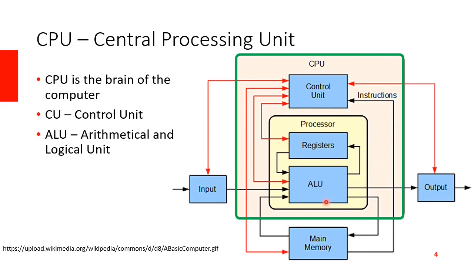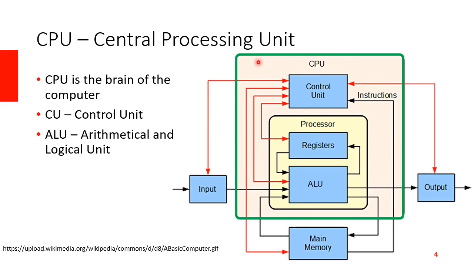It does some arithmetic operations and some logical operations, together with certain registers. This is basically the processing part in the central processing unit. The ALU together with registers really does the processing, and this processing unit plus the control unit, we call the central processing unit or CPU.